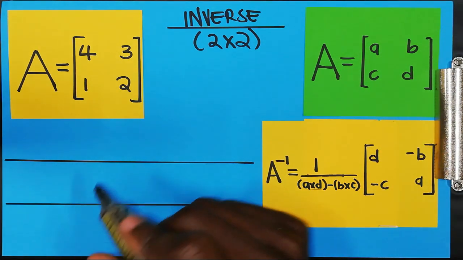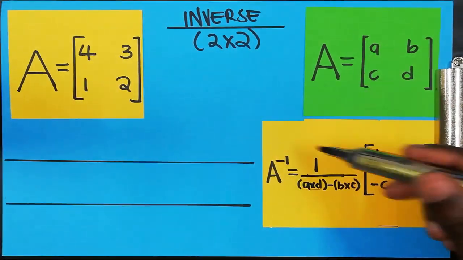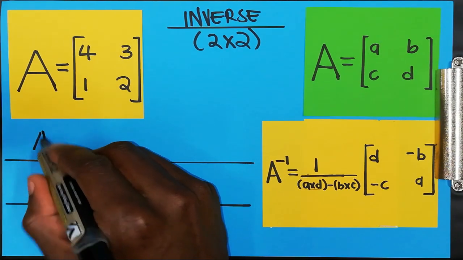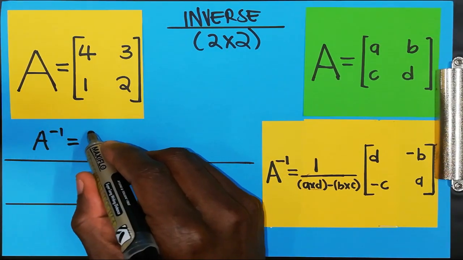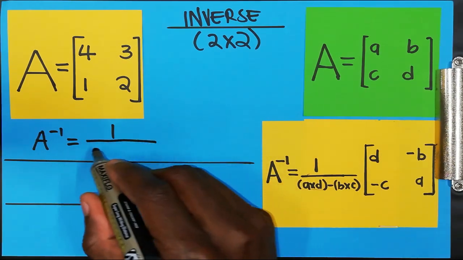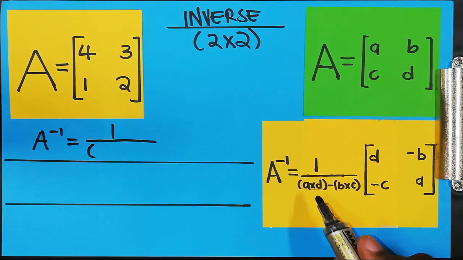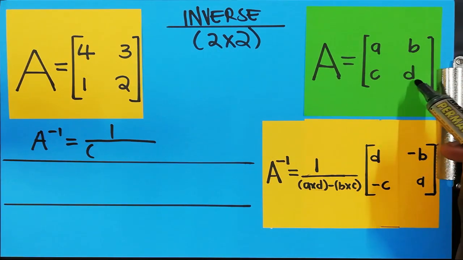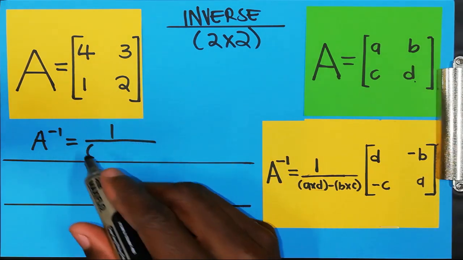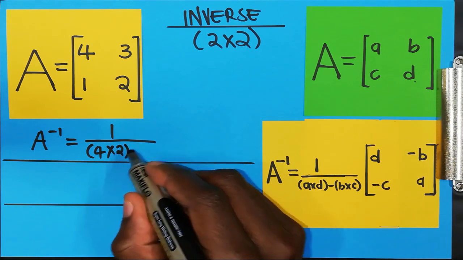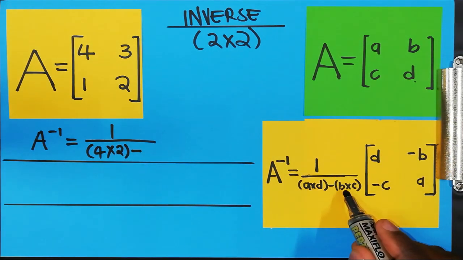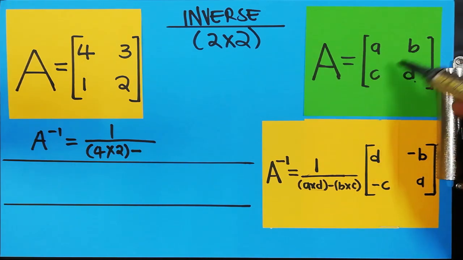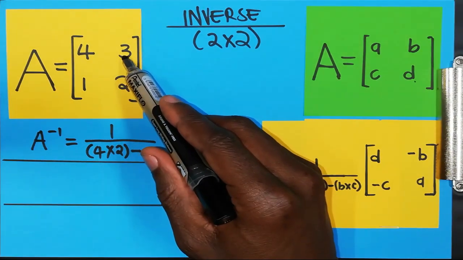All right, now let's use this one to explain how to find the inverse. So you'll have 1 over A multiplied by D, which in this case is 4 multiplied by 2, minus B multiplied by C on the original matrix, which here is 3 multiplied by 1.